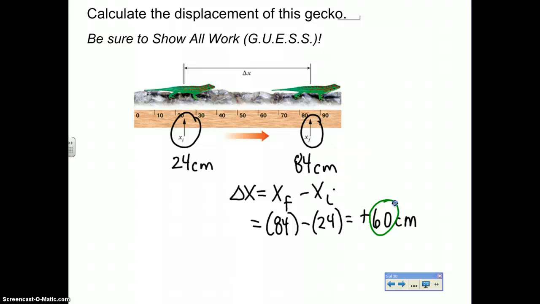But it also includes a direction. In this case the positive indicates that we're talking about to the right, up, or forward. Since we're dealing with the variable x, indicating horizontal motion, this means it ended up to the right.